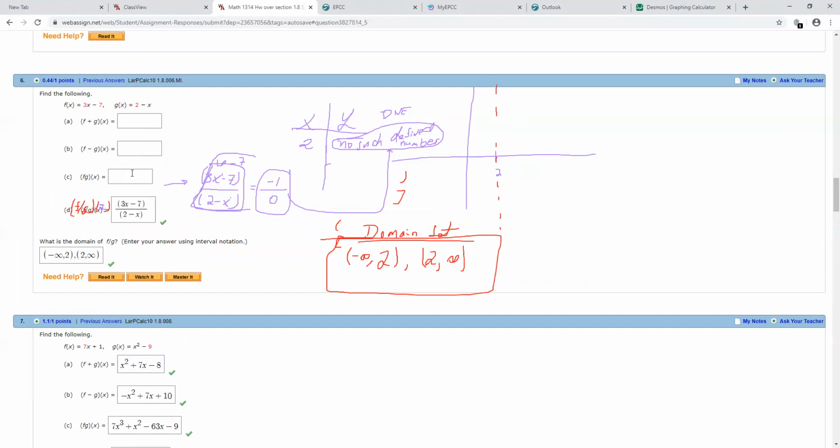What do you think the domain would be of all of these up here then? If there's not going to be any one of these places where you have this no defined mapping, then what do you think will have to happen with the domain of all these other ones?